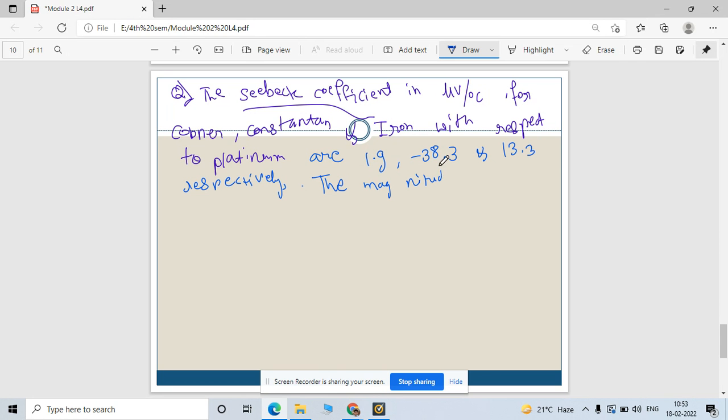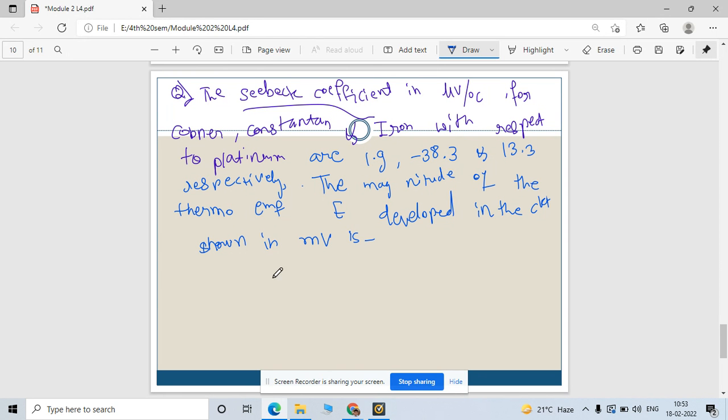The magnitude of the thermo EMF, let's say E, developed in the circuit shown, in millivolt, is. So this is your circuit.